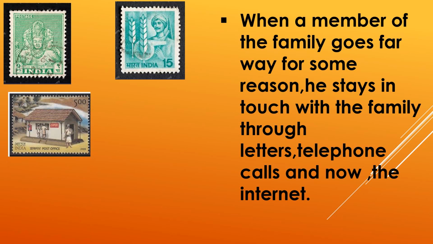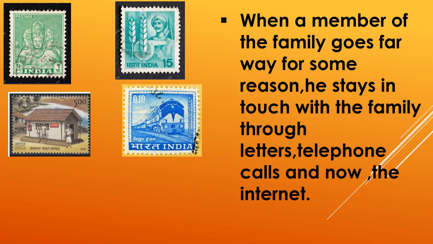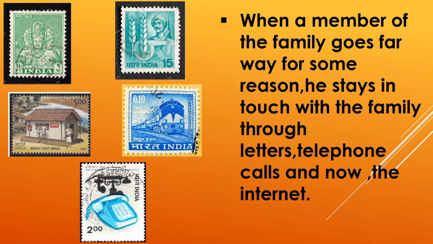In the third stamp, you can see the post office, that is Dak Ghar. In the fourth picture, you can see the Indian Railway locomotive, which was started in India. In the fifth picture, that is the last picture, you can see the telephone, started in India.